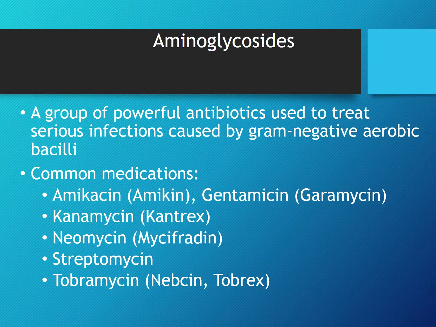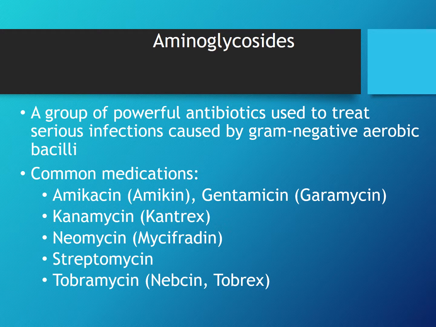Peak levels typically above 10 to 12 micrograms per milliliter, and troughs above 2 micrograms per milliliter are associated with nephrotoxicity. Gentamicin and tobramycin, the therapeutic level we're looking for is 5 to 8 micrograms per milliliter. With amikacin, we're looking for 20 to 30 micrograms per milliliter.